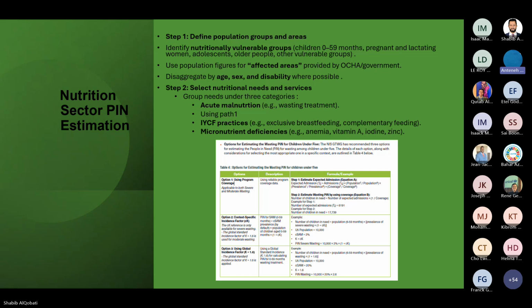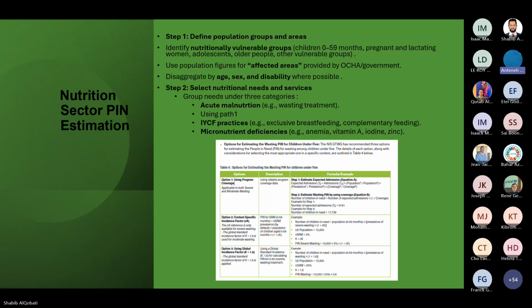So you combine incident and prevalent cases, and in order to do so, you need to account for incidence factor. So if you have a country-specific incidence factor, which we have for several countries, you can apply this context-specific incidence factor.